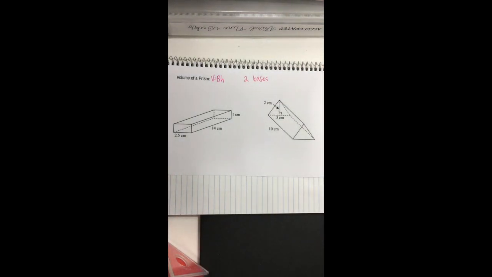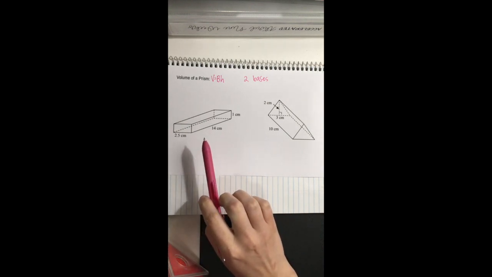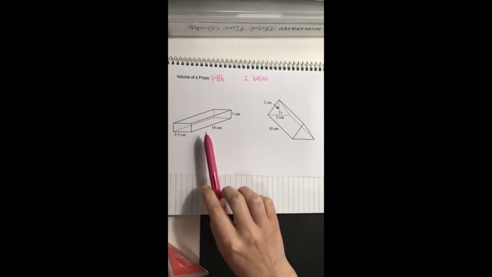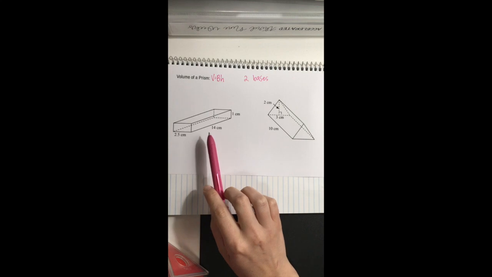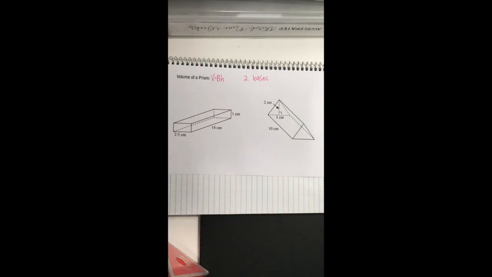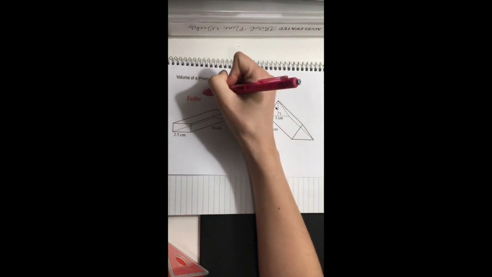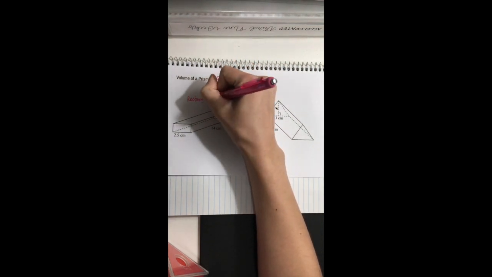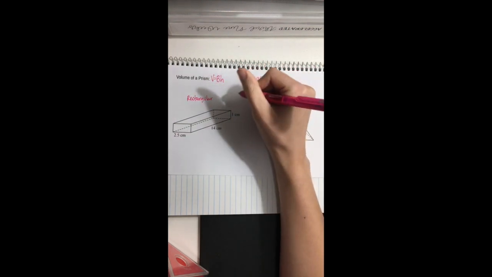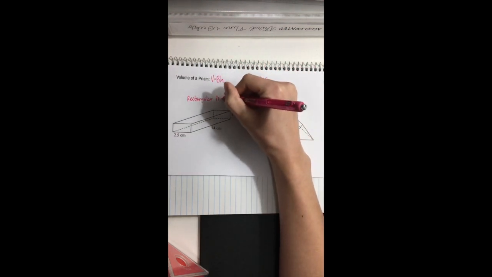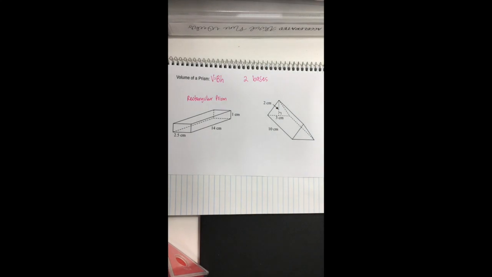Okay, so prisms have two bases, so we are going to go ahead and look at this first shape right here. This is called a rectangular prism because all of the faces are rectangles. So we're going to label this rectangular prism. All of the faces are rectangles.